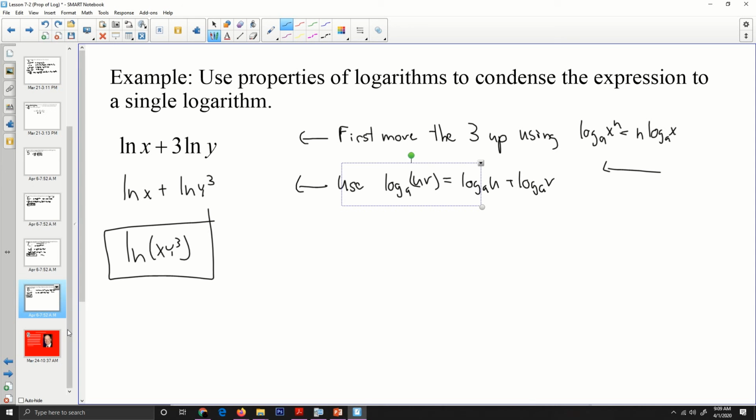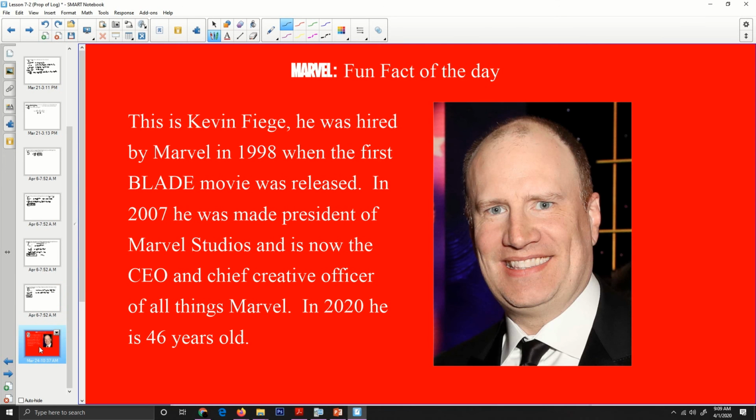We're done. And here is the awesome yet sad Marvel fun fact of the day. This is Kevin Feige. He was hired by Marvel in 1998 when the first Blade movie was released. In 2007, he was made president of Marvel Studios and now is the CEO and chief creative officer of all things Marvel.